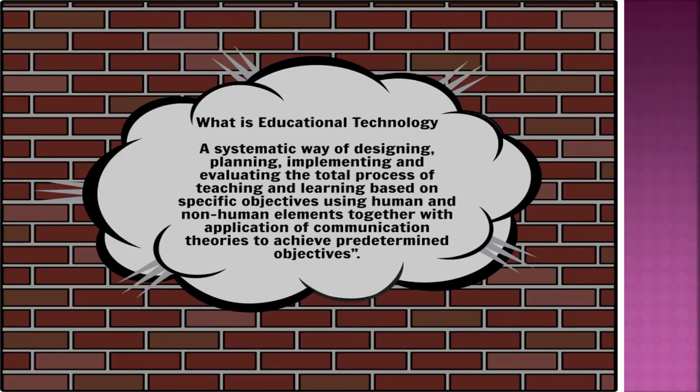Looking at all of these dimensions when defining educational technology gives a wholesome view of what educational technology is all about. And here we see educational technology as a systematic way of designing, planning, implementing, and evaluating the total process of teaching and learning based on specific objectives, using human and non-human elements together with applications of communication theories to achieve predetermined objectives.